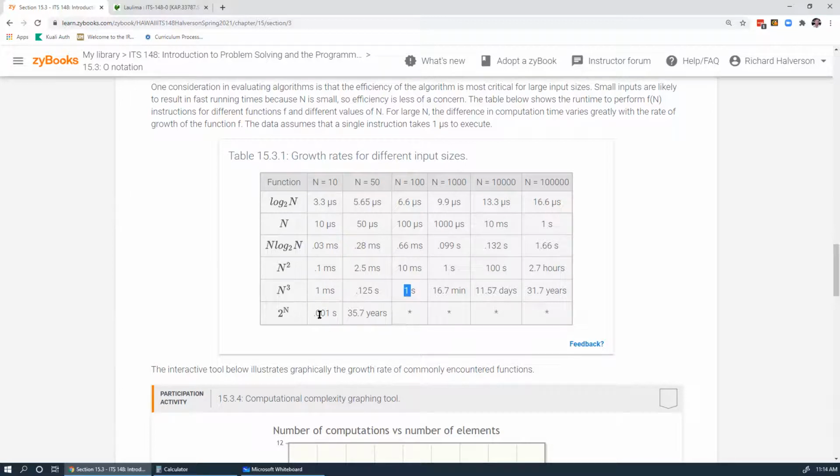So yeah, here you see this is 2 to the n, and there are 2 to the n algorithms out there. This is why figuring out where your algorithm sits matters. It's going to be like one of these.